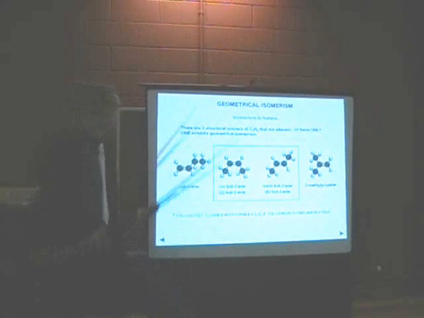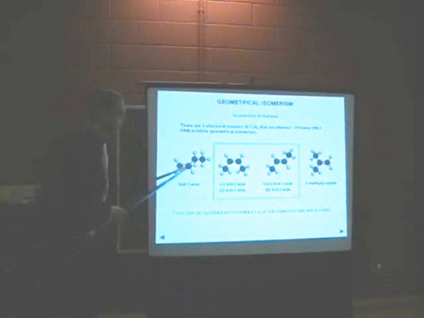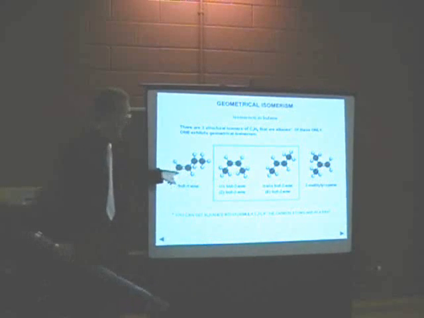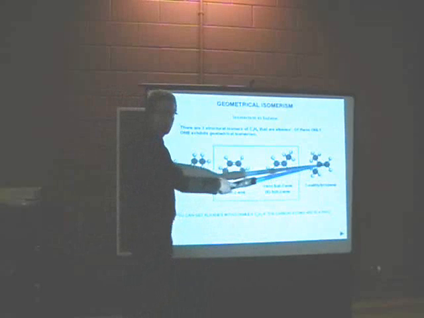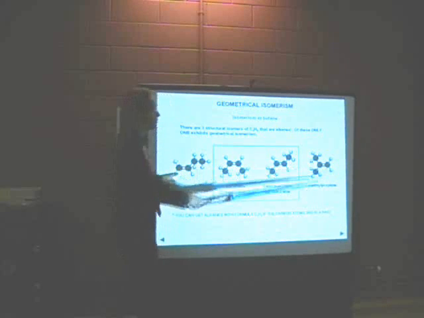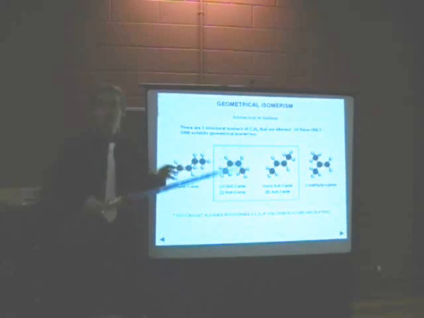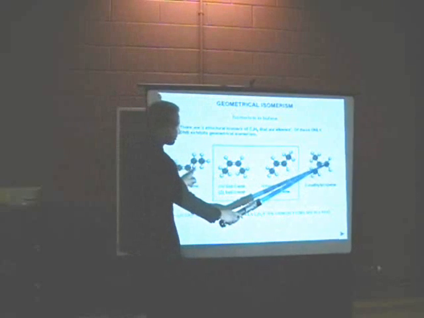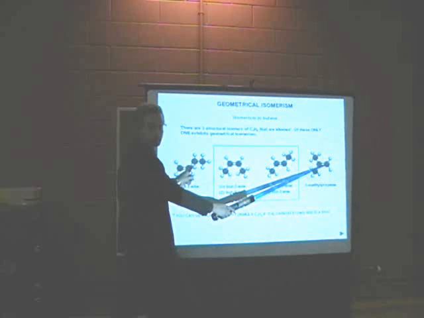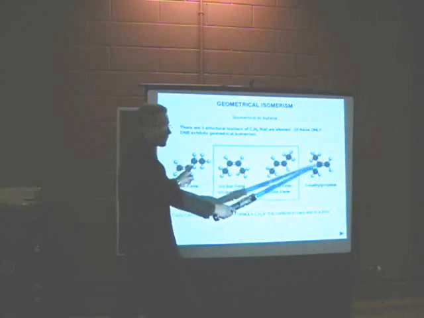No? Okay? Are you happy that this one, you've got a 1-ene? Yep. And this one is also a 1-ene. But they've got different arrangements of the chain after that. So these two here are chain isomers of each other. Got it?